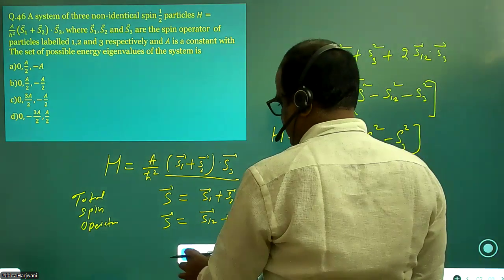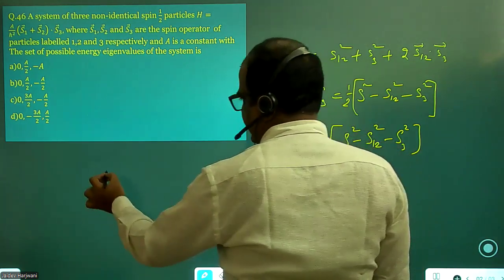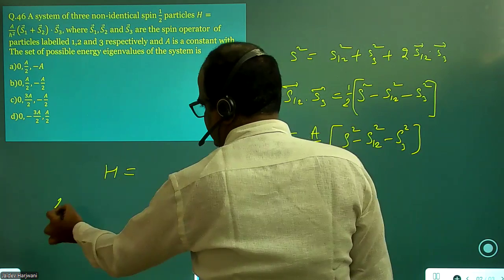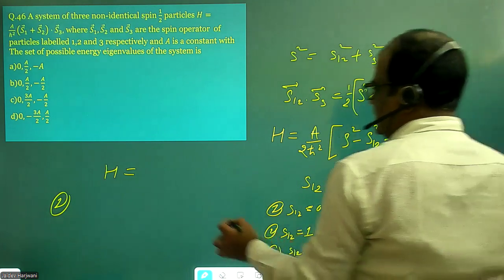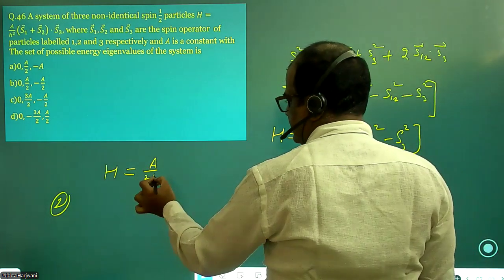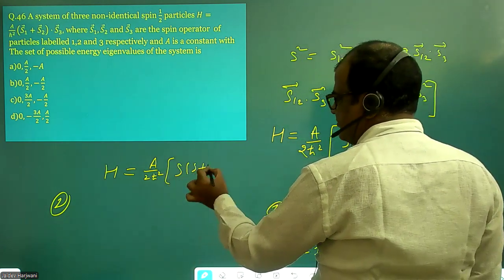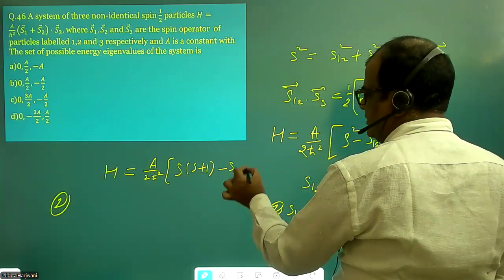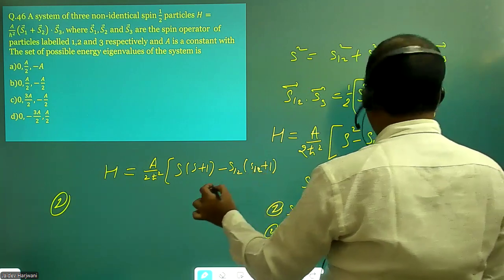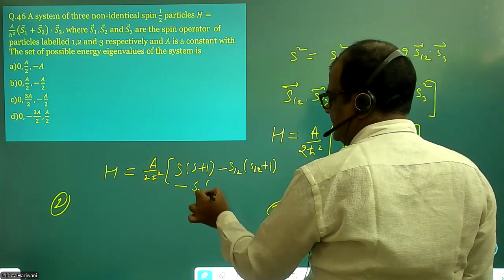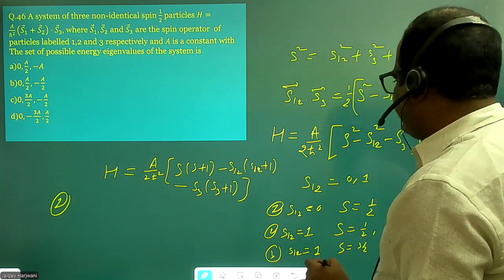Now let us calculate the eigenvalues by putting these values here. So I have H equal to A over 2ħ² times the eigenvalues of the S² operator, which are S(S+1) minus S12(S12+1) minus S3(S3+1).